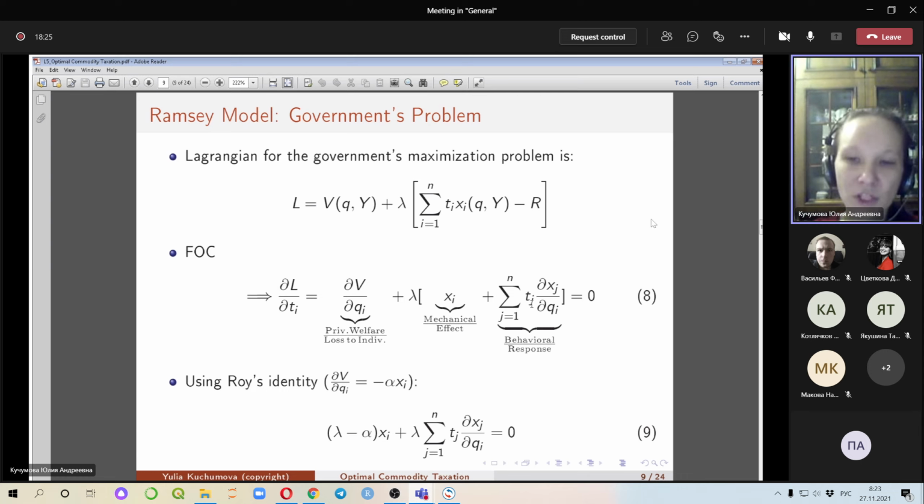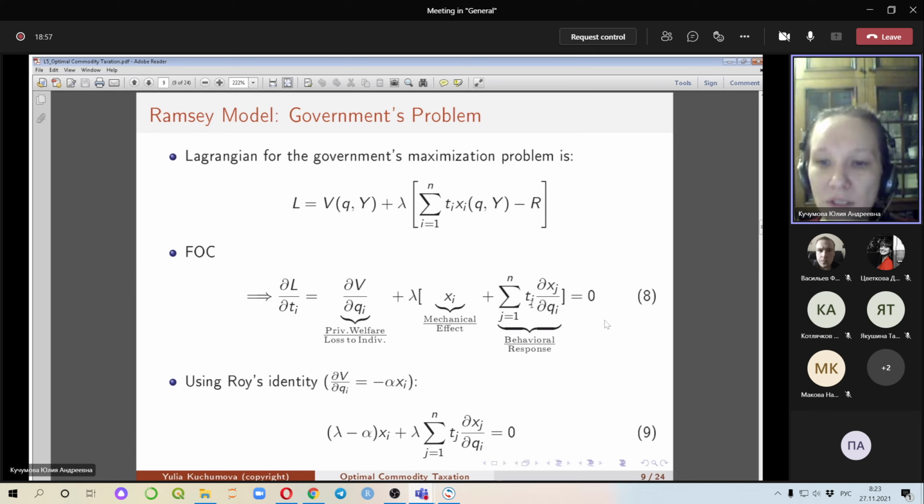However, there is an additional effect on the tax revenue, which is called a behavioral effect, because the x_i are actually not constant, right? When taxes increase, the taxpayer starts to react to the increase in the tax rate and adjust his consumption.